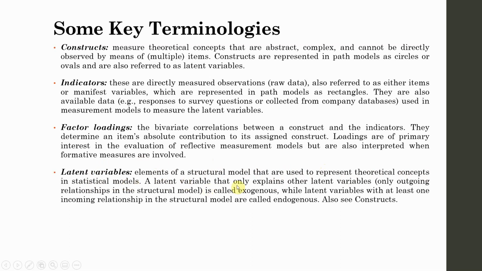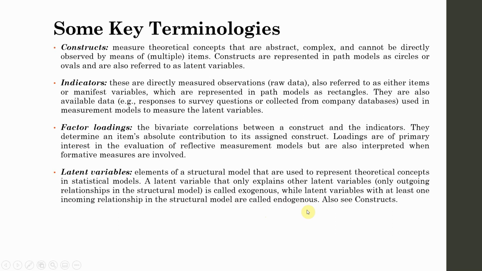A latent variable that only explains other latent variables, with only outgoing relationships in the structural model, is called exogenous. So a variable that is influencing the other variable and explaining the variance in the other variable is an exogenous variable. While a latent variable with at least one incoming relationship, so an arrow pointing from one variable to the other variable, is called an endogenous variable.